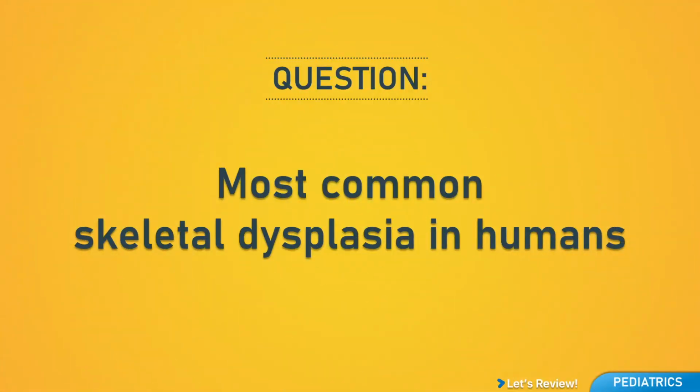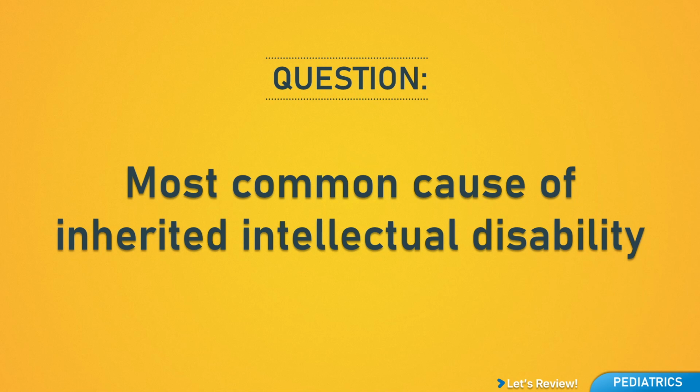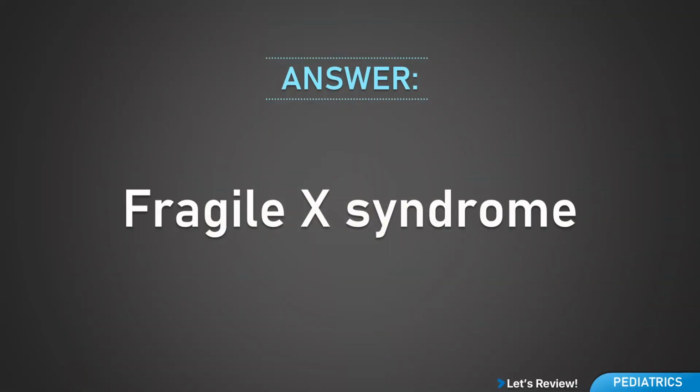Most common skeletal dysplasia in humans. Achondroplasia. Most common cause of inherited intellectual disability. Fragile X syndrome.